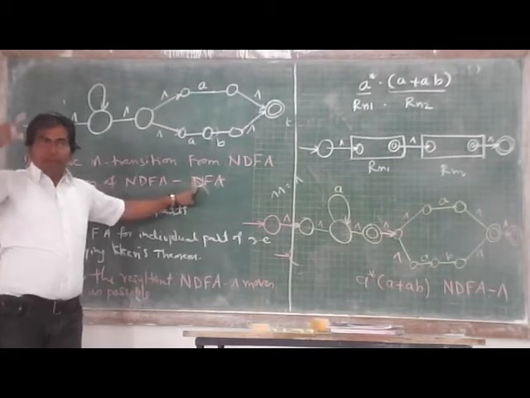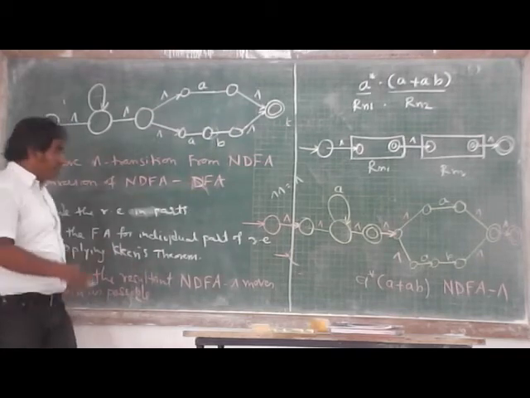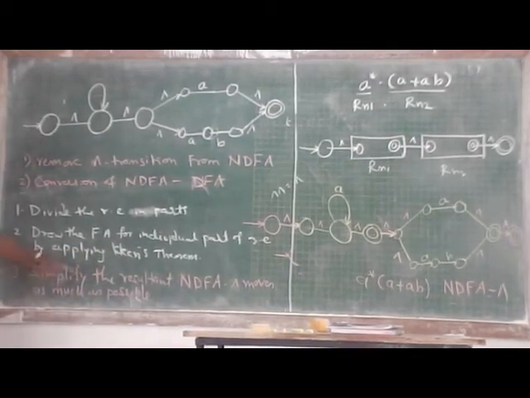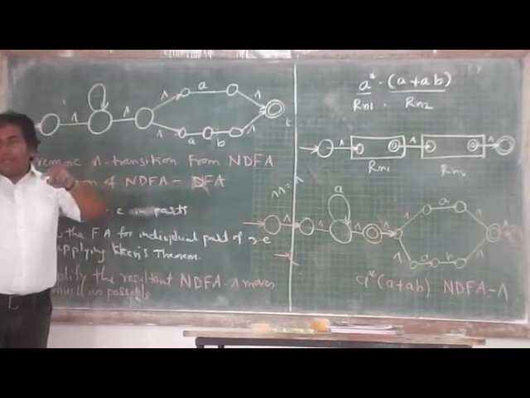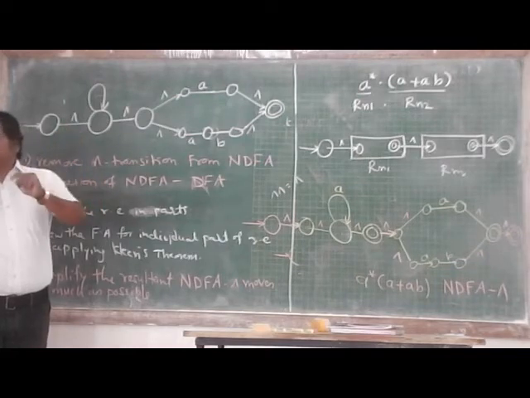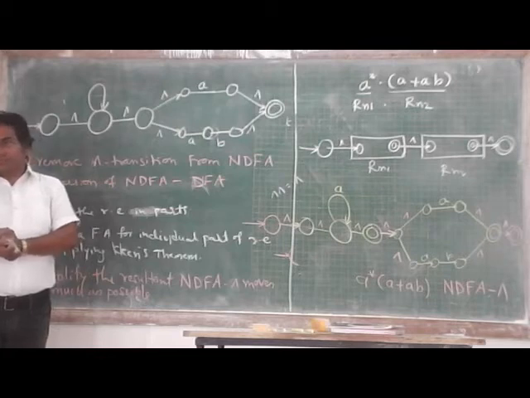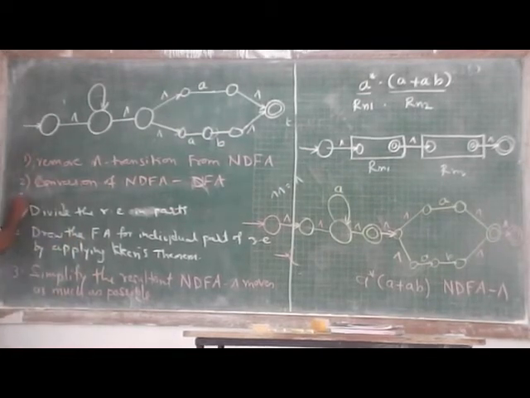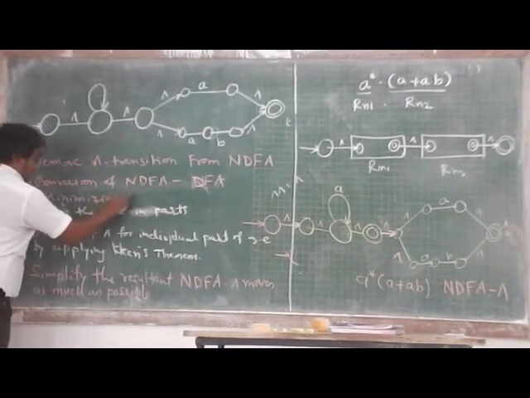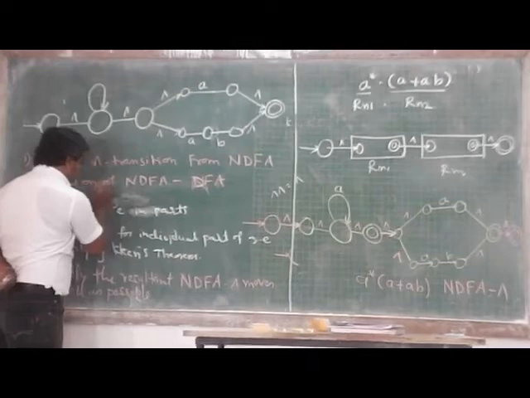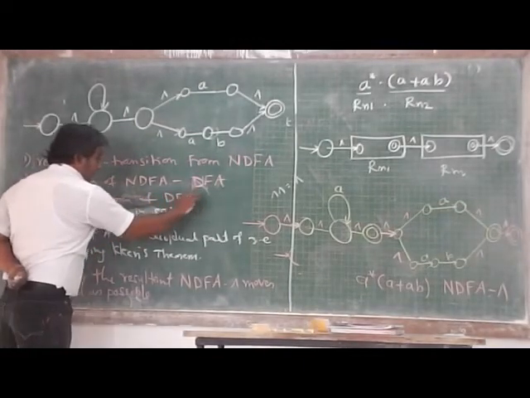So the number of states can be minimized from a DFA, and at the end we can have an optimized finite automata, which is the best design for a particular regular expression. So the third part we will discuss is minimization of DFA.